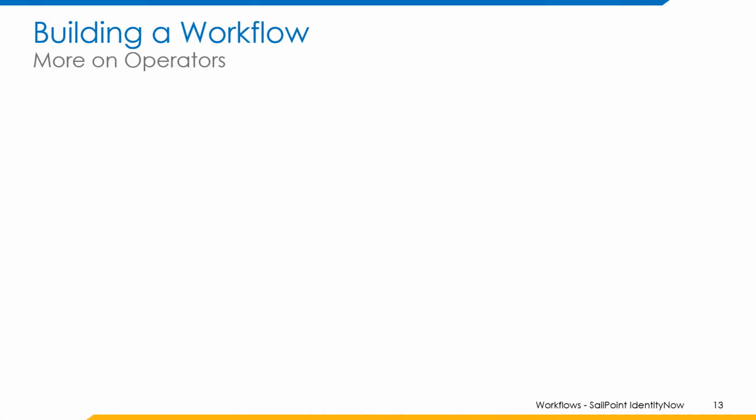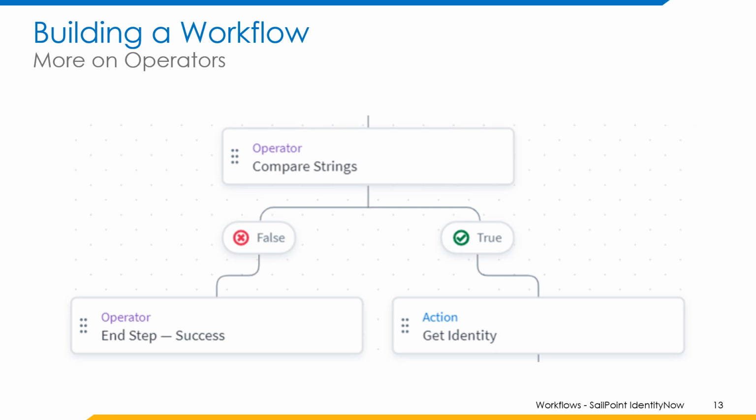Let's talk about operators. Operators allow you to make a comparison between values and, based on the result of that comparison, choose a new path for your workflow to follow. It performs conditional operations like true, false, and compare string, numbers as well. This is also capable of doing operations in a loop. End steps are also a part of operators, whether it is a failure or success, and it is required to have one in your workflow.